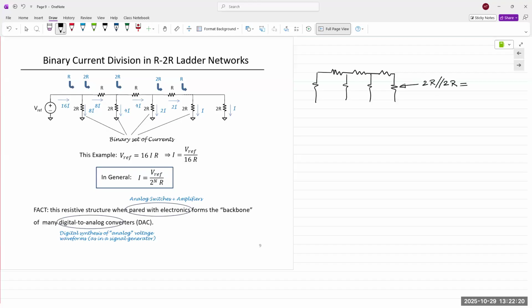So what is the total equivalent resistance of those two resistors? Don't need a calculator or anything for that. Yes, it's just R.